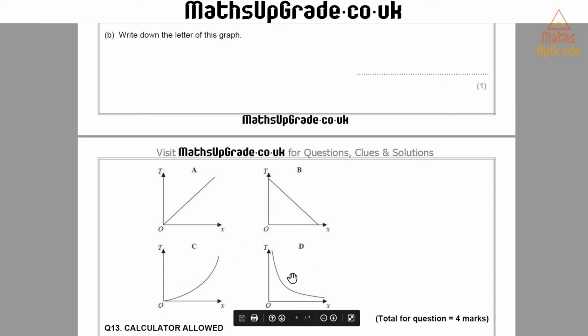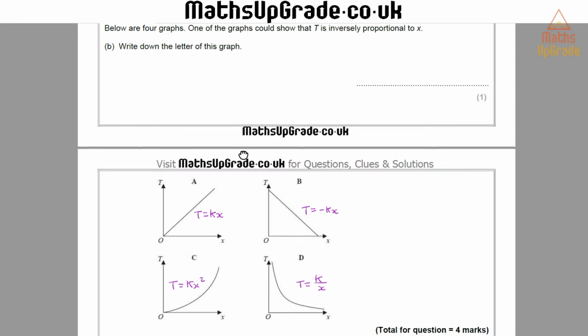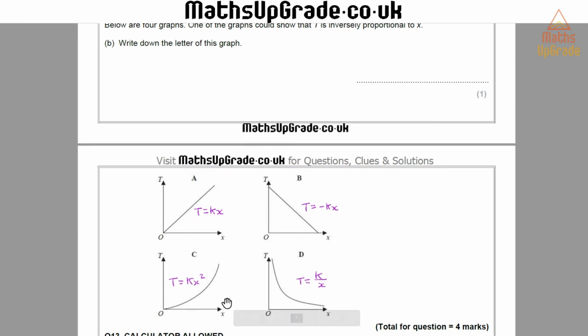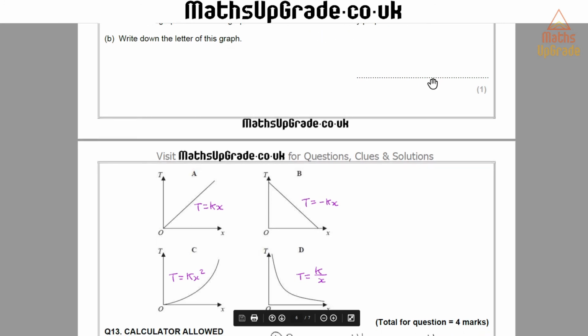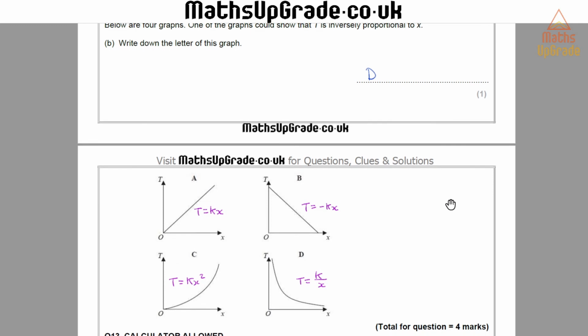And this graph here is an inversely proportional graph, like a reciprocal graph, so this will be t equals k over x. So that's what the graphs are showing the shape of. I need to find the graph which shows that t is inversely proportional to x. So the only one which is inversely proportional to x is this graph here, graph D. So the answer is D for that question. So that's your 4 marks for that question.